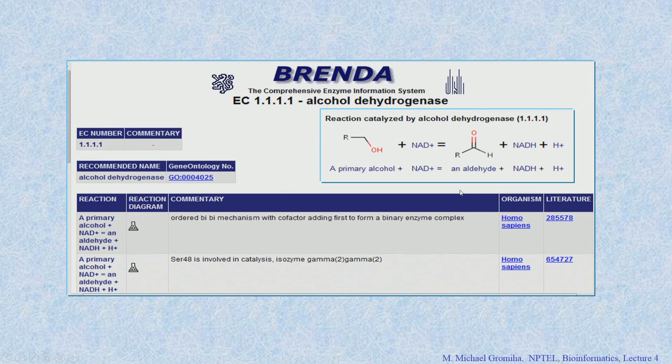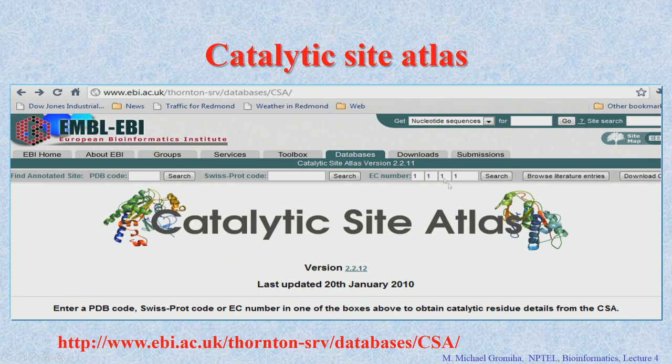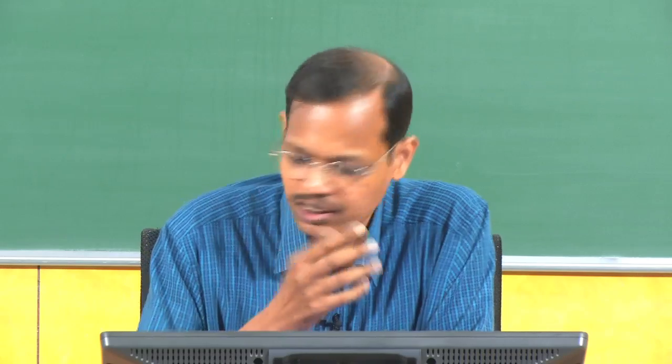Alcohol dehydrogenase, just I gave this case, 1.1.1.1 is alcohol dehydrogenase. If you give this one, then it will show you all the PDB codes related with that alcohol dehydrogenase. How do we get so many PDB codes? Different organisms and different mutations and different resolution. So, there are various options to get the same proteins with different codes.